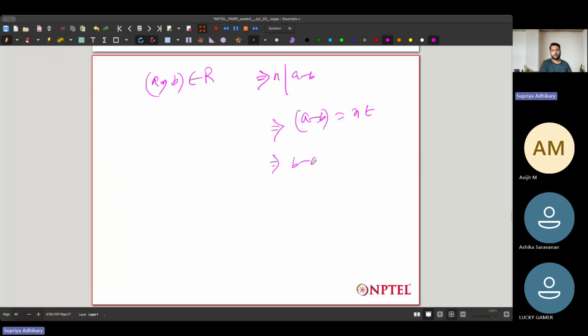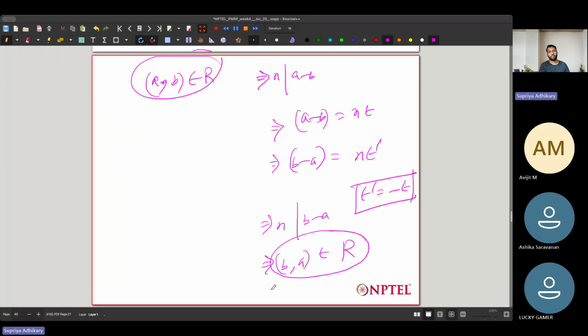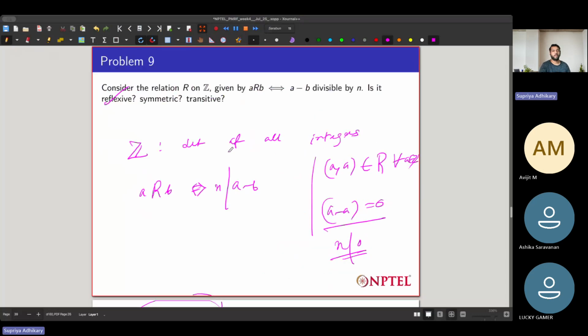So that should also imply that B minus A is actually equal to n t dash, where t dash is equal to minus t. So this also implies that n divides B minus A. That implies that (B, A) also belongs to this relation R. So this relation is also symmetric.